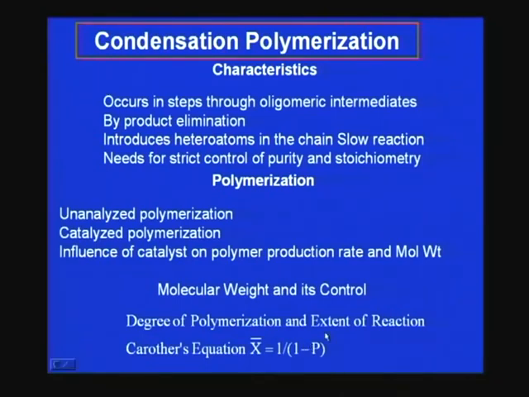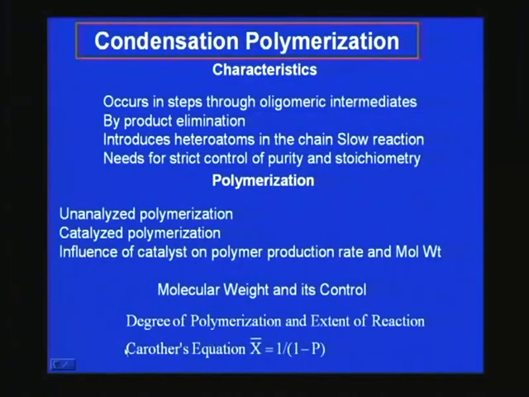And what is the extent of reaction, meaning what percentage of monomers have been converted to polymer, that is called extent of reaction. Then one equation we will deal with, that is the Carothers equation. We will see the derivation.